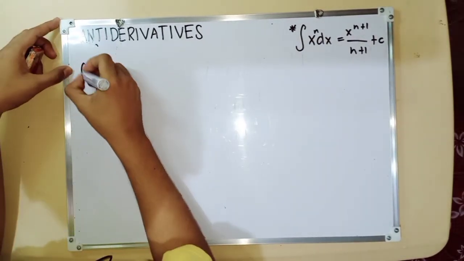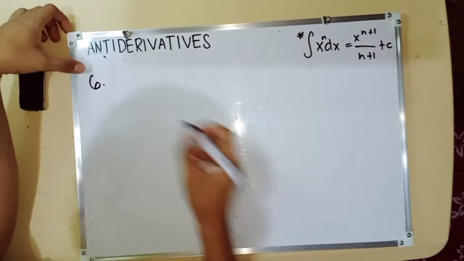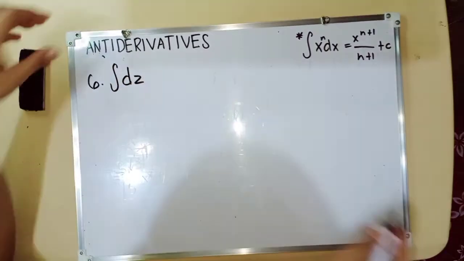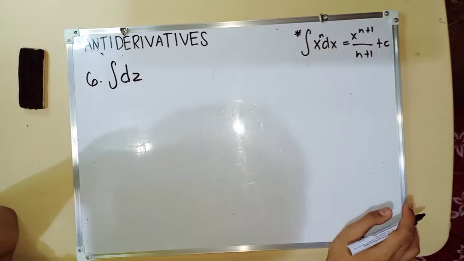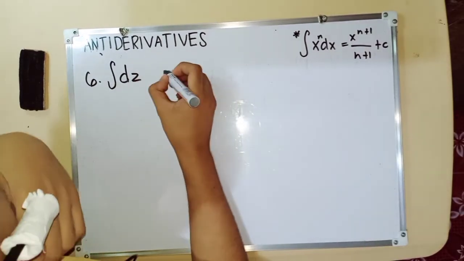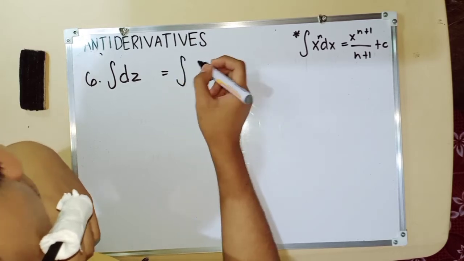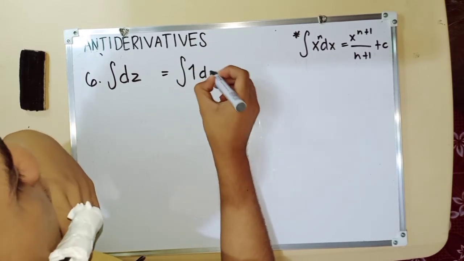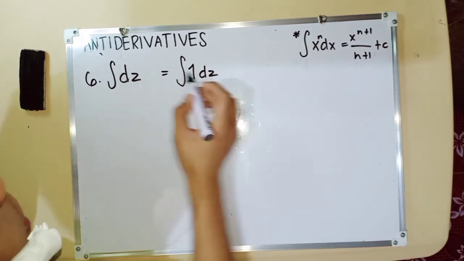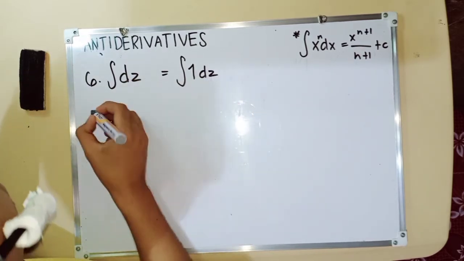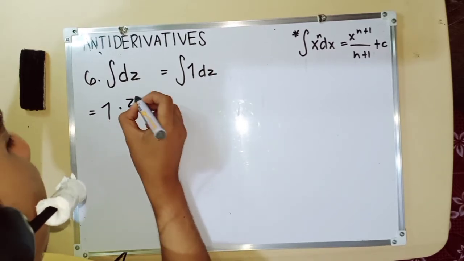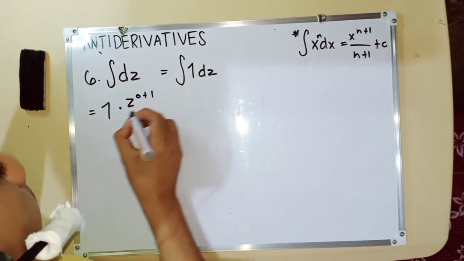Number 6. What about this kind of problem? Paano natin ito sasagutin? Antiderivative of dz. Ito ay equal rin sa antiderivative of 1 dz, kasi considered na agad na mayroong 1 dito. So para hindi tayo malito, ilagay natin dito. When taking its antiderivative, z raised to the power of 0 plus 1.